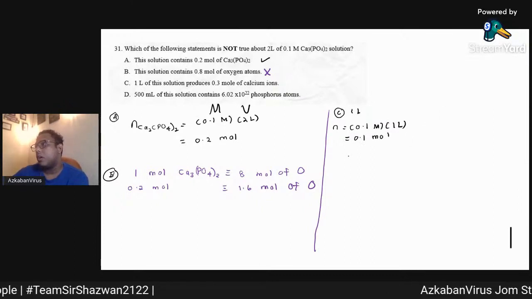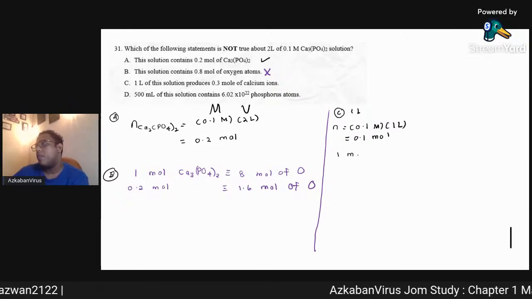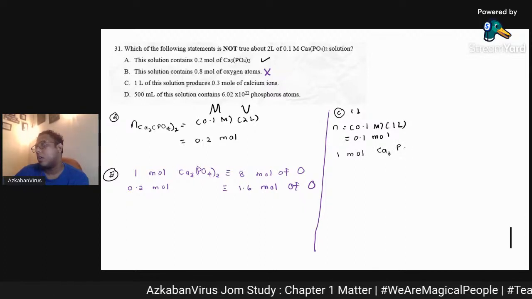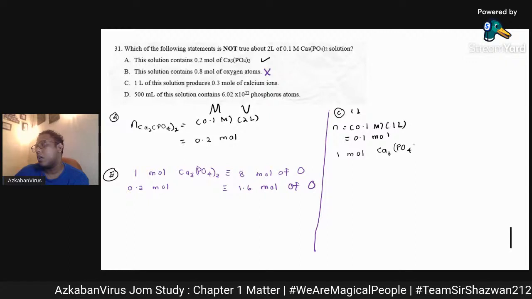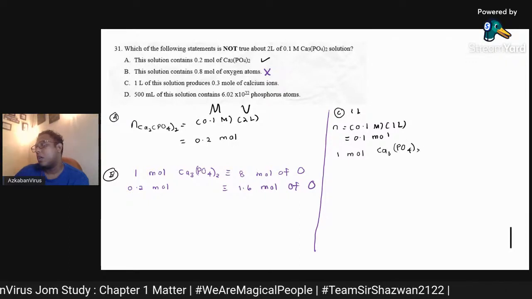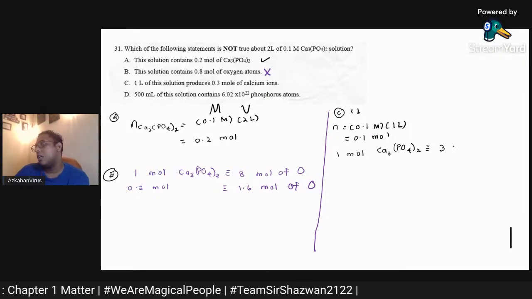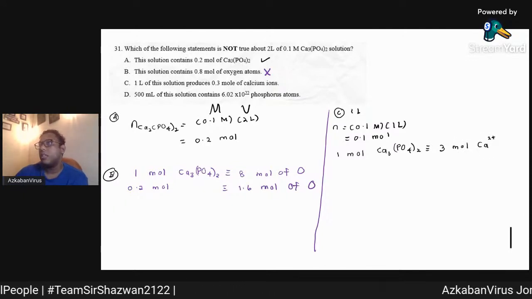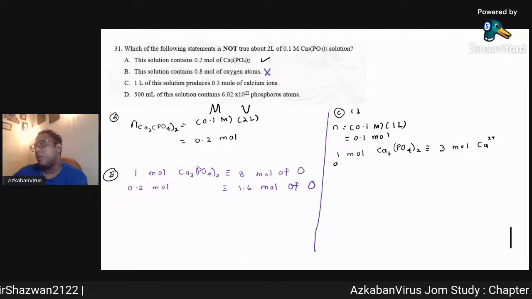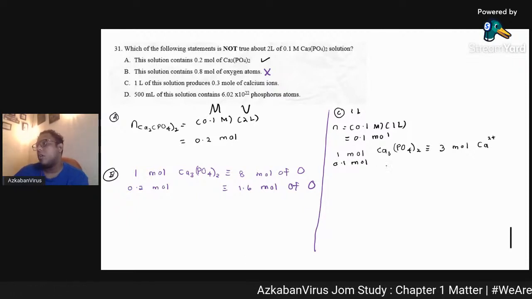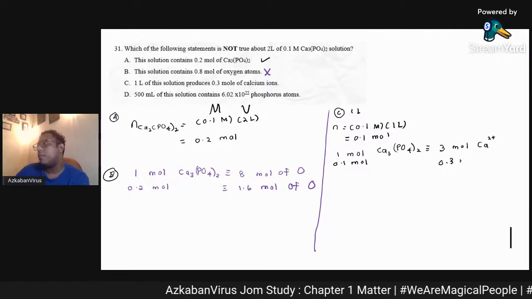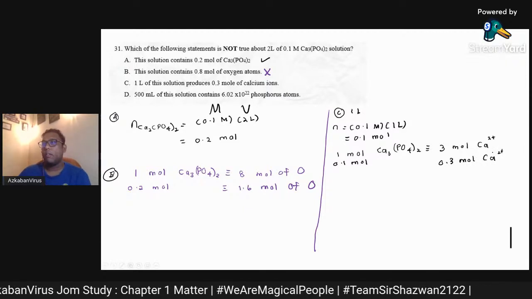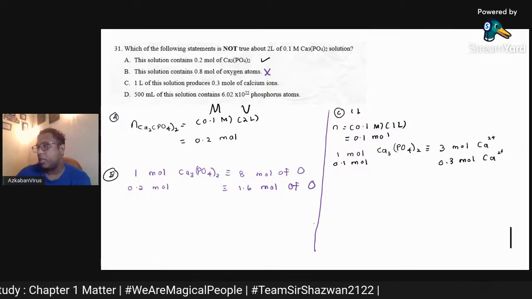So kita tahu bahawa 1 mole of calcium phosphate dia ada 3 mole of Ca2+. So kalau you ada 0.1 mole, kita akan ada 0.3 mole of Ca2+. Right?